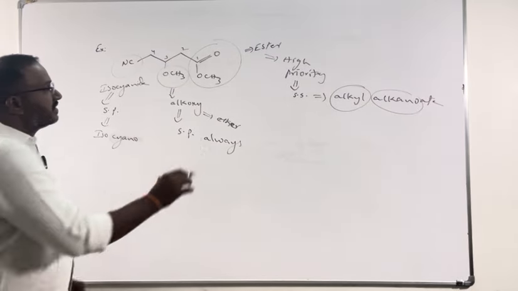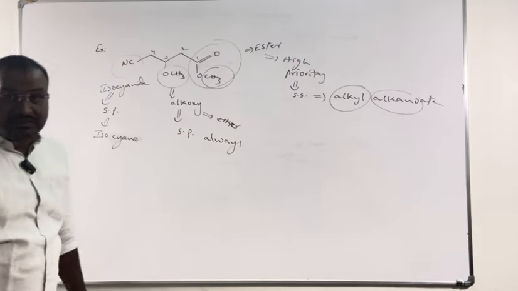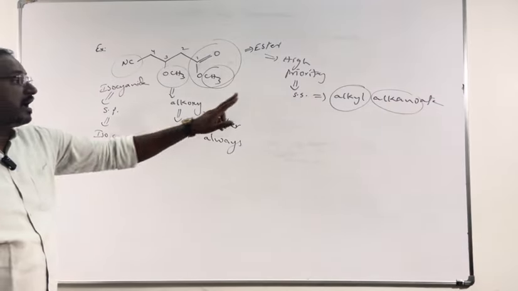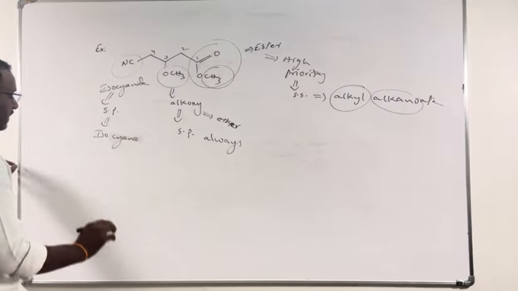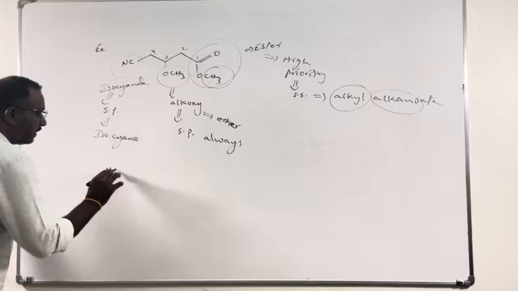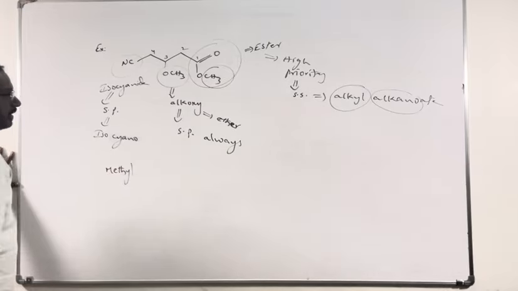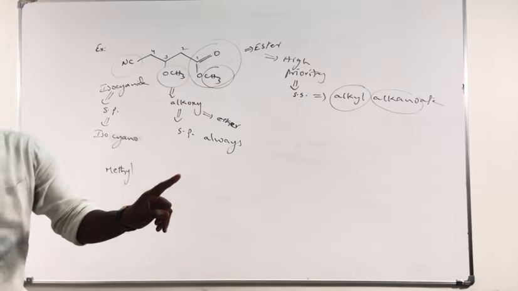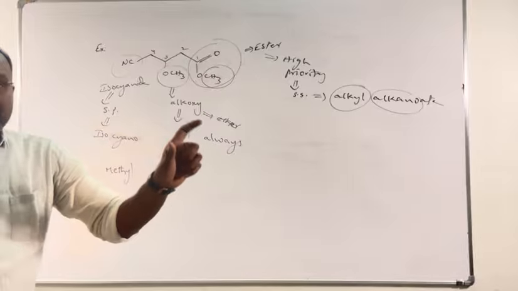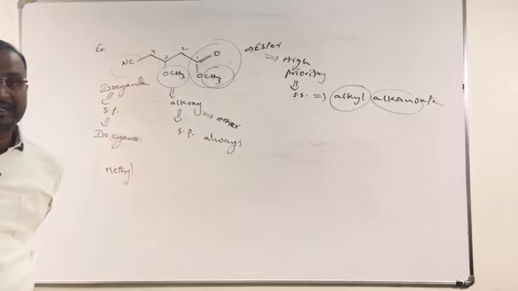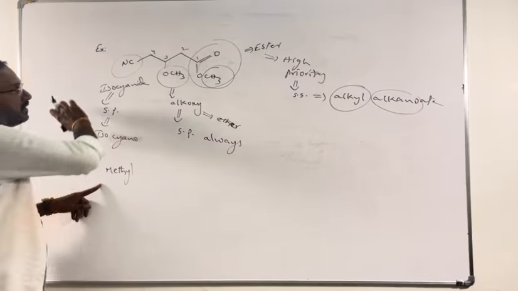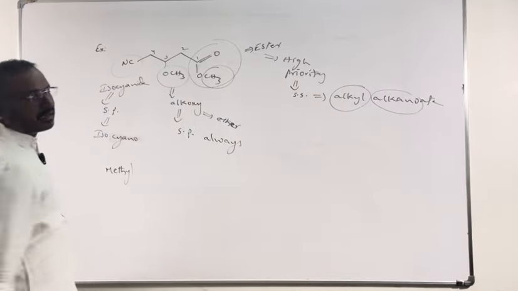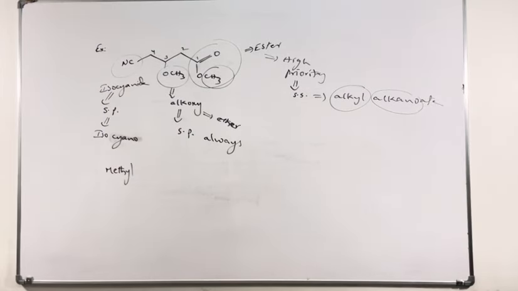First we have to say this one separately as alkyl. That alkyl here is what? Methyl. If ester is there, the alkyl group which is attached to oxygen, first we have to say the name of that one. After that, the rest of the molecule comes under alkanoate.